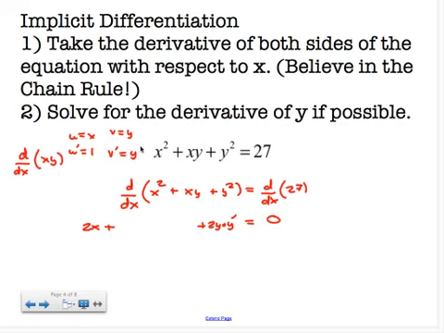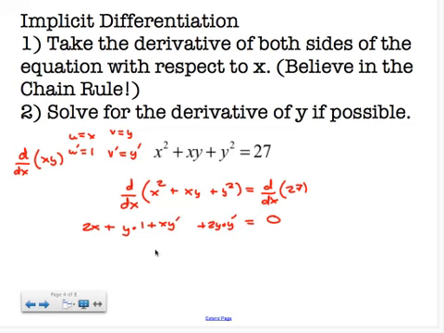So the derivative of y is called y prime. Okay, so now the product rule says v u prime, so y times 1, plus u v prime, so x times y prime.